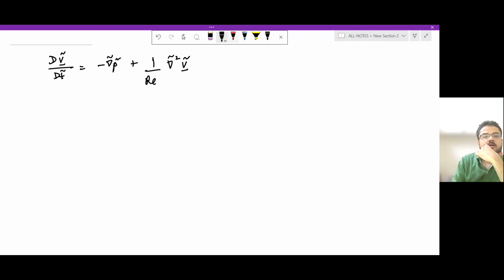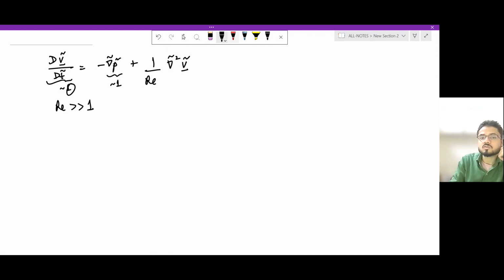So let's draw some insight from this relationship. For example, if RE is much greater than 1. Now all of these groups are non-dimensional in nature, so their magnitude can be approximated to some factor of 1. So this could be 100, this could be 2000, but all of these have a magnitude that is a scalar, a non-dimensional number.